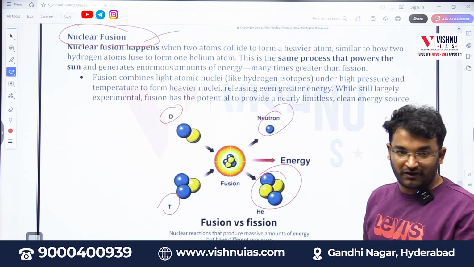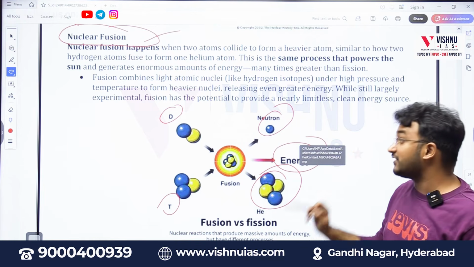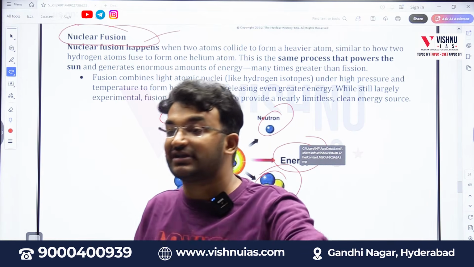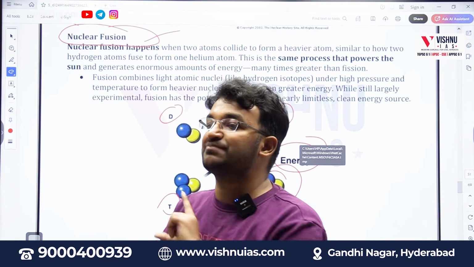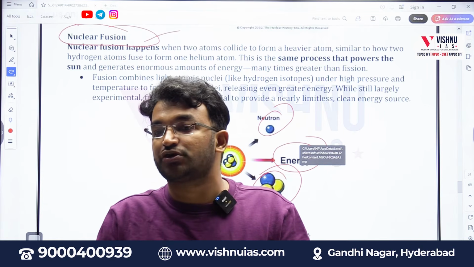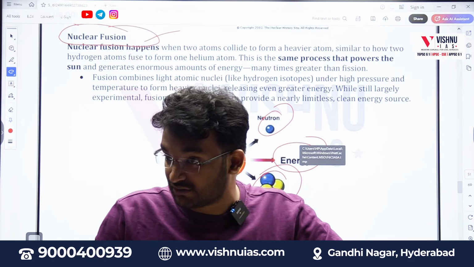Here we will be getting only 1 neutron but a lot more energy, thousands of times more energy than nuclear fission. We were unable to capture this even now. There is no functioning nuclear fusion plant in our country or in the rest of the world.